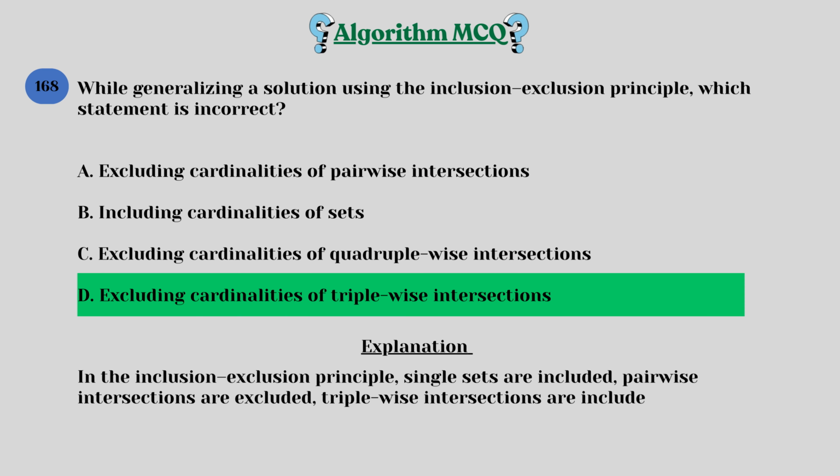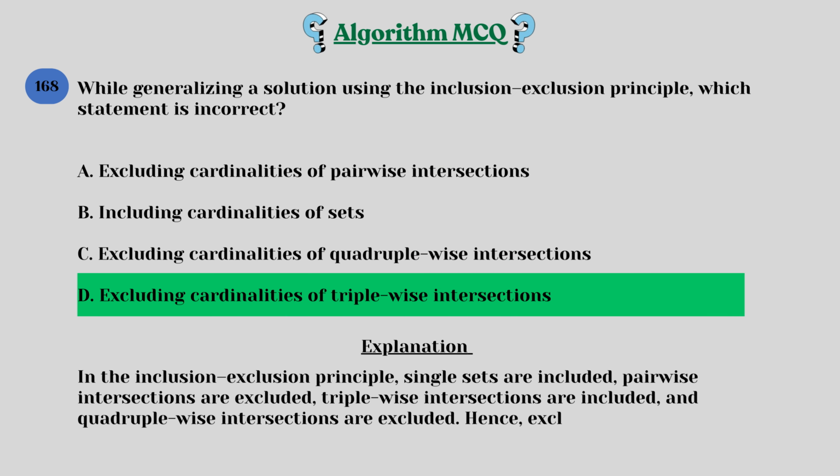Explanation: in the inclusion-exclusion principle, single sets are included, pairwise intersections are excluded, triple-wise intersections are included, and quadruple-wise intersections are excluded. Hence, excluding triple-wise intersections is incorrect.